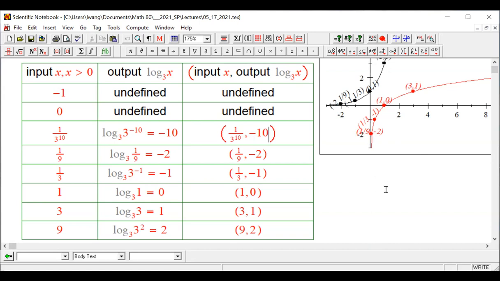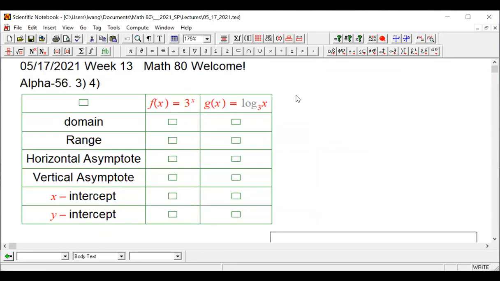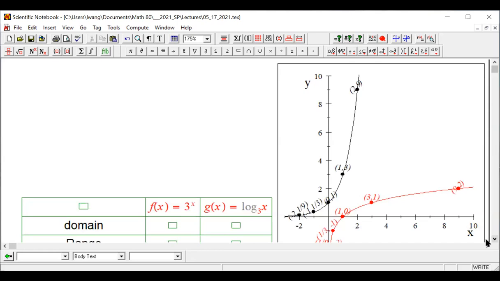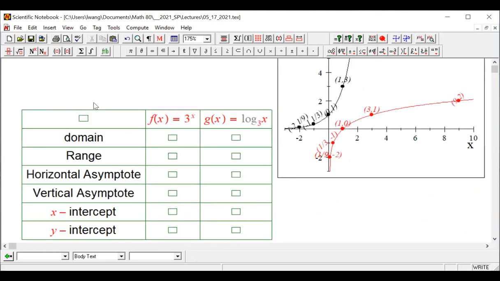So now, with these pictures in mind, let's work out this table. The domain for 3 to the power x can be any real number, negative infinity to positive infinity. The range: 3 to the power x is always larger than 0, no matter what x is. And these two are inverse functions of each other.